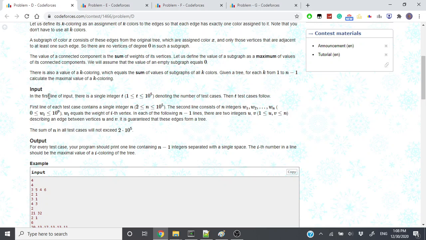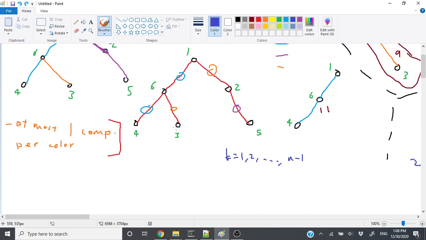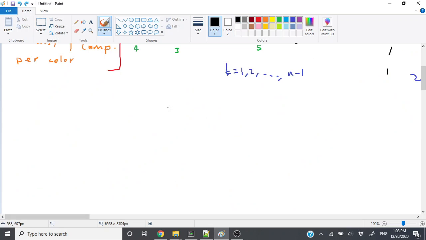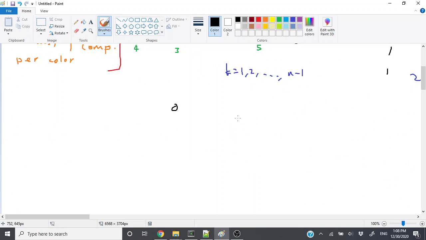And the second part is, now we want to transition from the solution for 1 to the solution for 2. And then we use the solution for 2 to figure out the solution for 3 and so on.